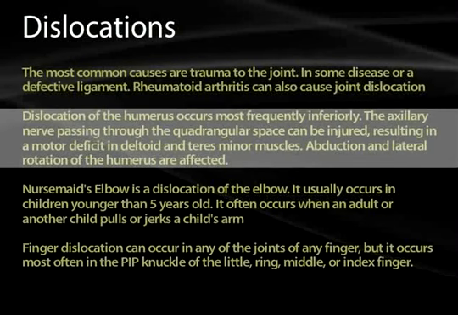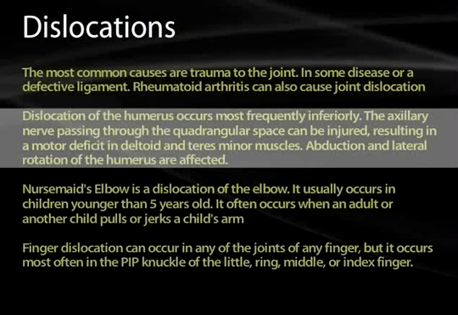Dislocations of the humerus occur most frequently inferiorly, and the axillary nerve can sometimes be stretched through a dislocation. Some people are chronic dislocators, and they can dislocate so many times that they develop what's called a Hill-Sachs lesion, which is an impression into the humeral head from the labrum, and they get labral tears as well.